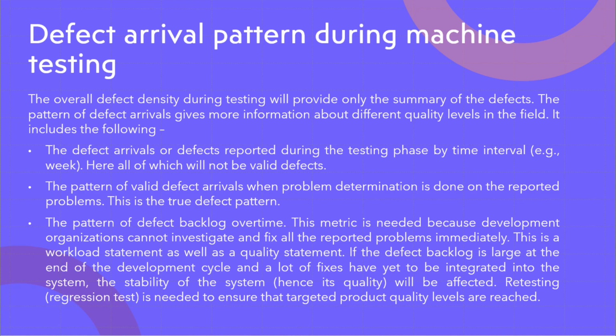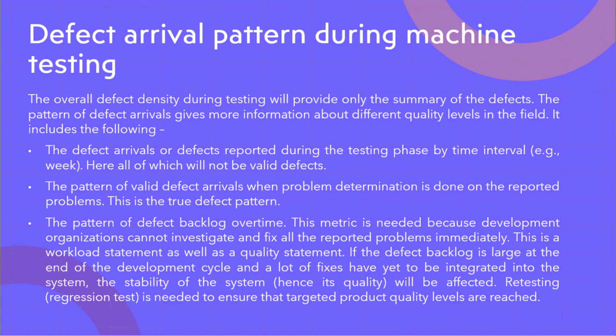It includes the following: the defect arrivals, or defects reported during the testing phase by time interval, let's say weeks, months, etc. Here, not all of these will be valid defects. The pattern of valid defect arrivals, when problem determination is done on the reported problems, is the true defect pattern. And the pattern of defect backlog over time.